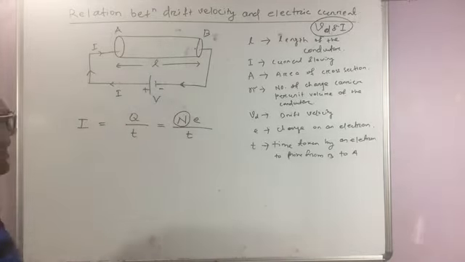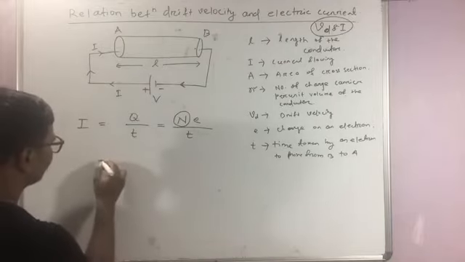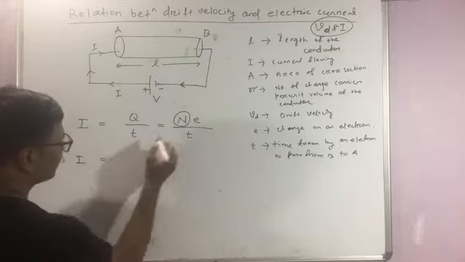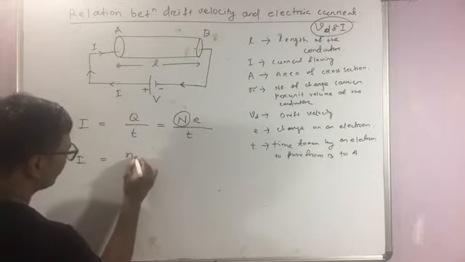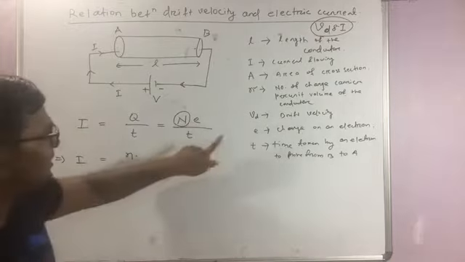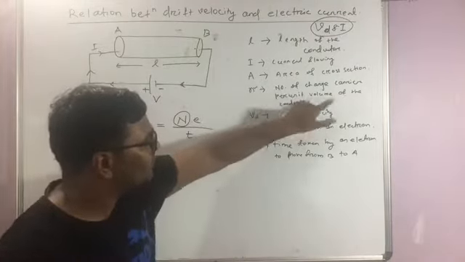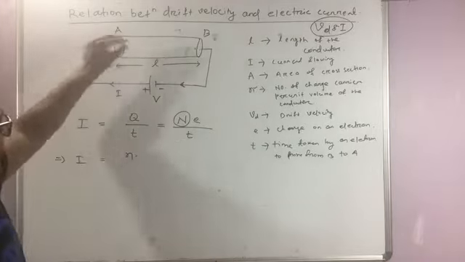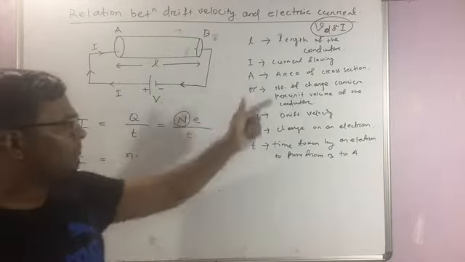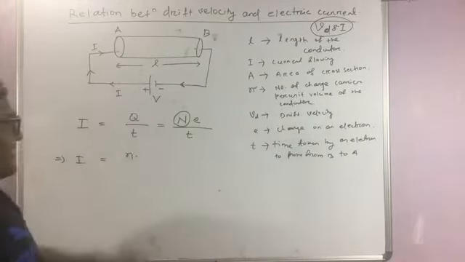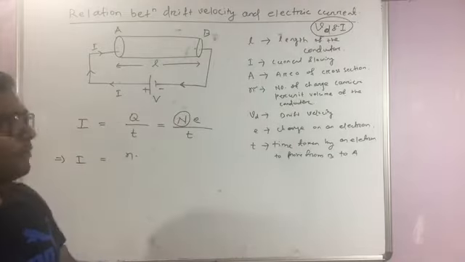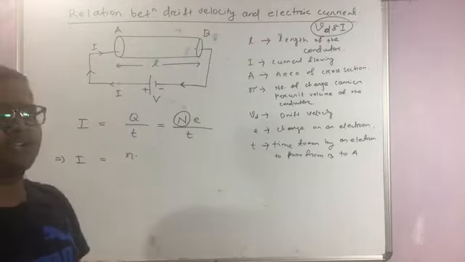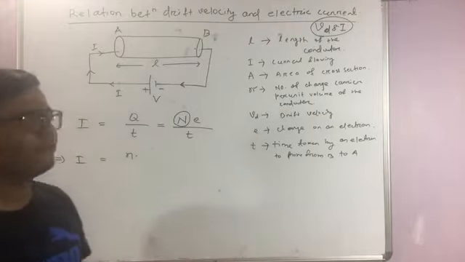So which implies I is equal to N e by t, where this capital N will be in terms of small n. Small n means the number of charge carriers per unit volume of the conductor. Suppose in a unit volume of it, n charge carriers are present. Just a simple example: the cost of one chocolate is 5 rupees, so the cost of 10 chocolates will be 10 into 5, 50 rupees.